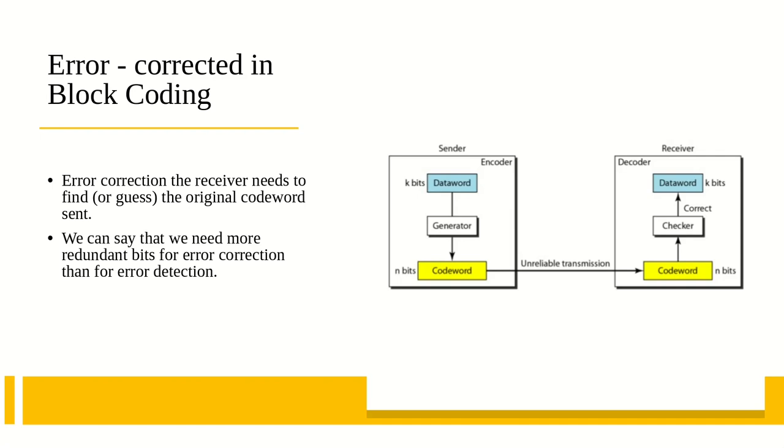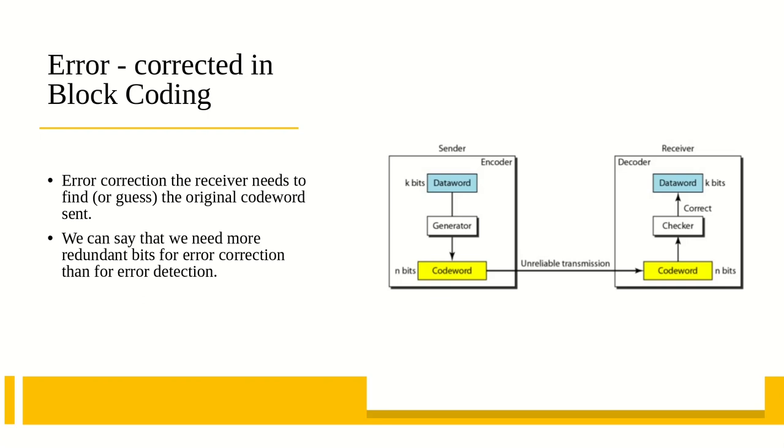In error correction, the receiver needs to find the original code word which was sent. We need more redundant bits for error correction than for error detection, because error correction is much more difficult than error detection. In error detection, the receiver only needs to know whether the received code word is valid or invalid.